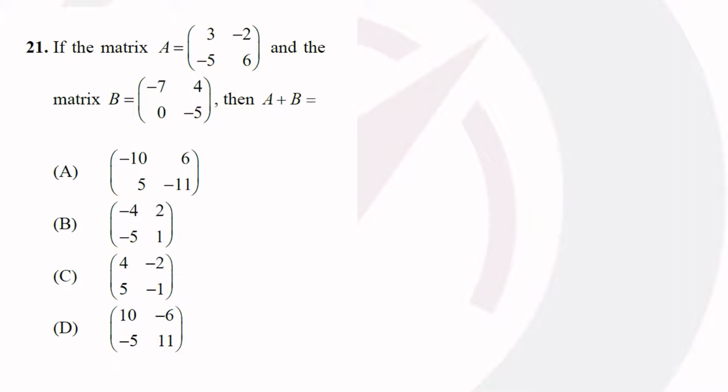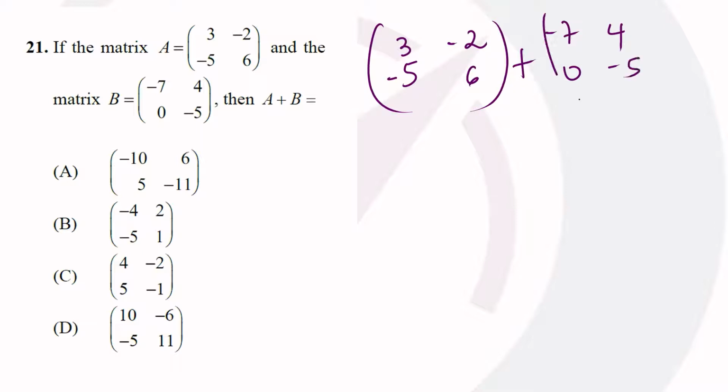So we're going to have A plus B. Let's write out A. So A is 3, 5, 3 negative 5, negative 2, 6, plus negative 7, 4, 0, negative 5.